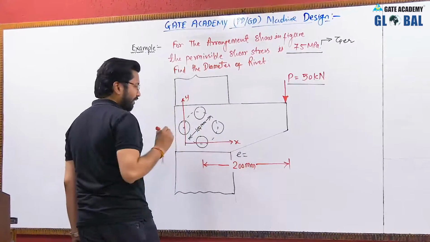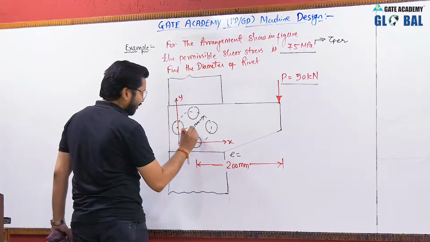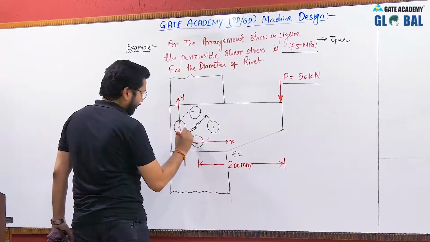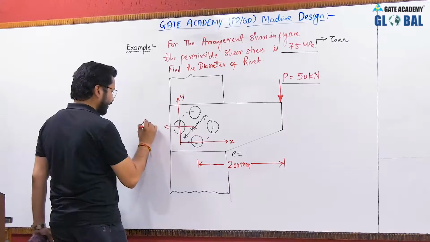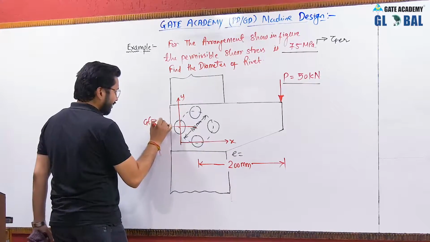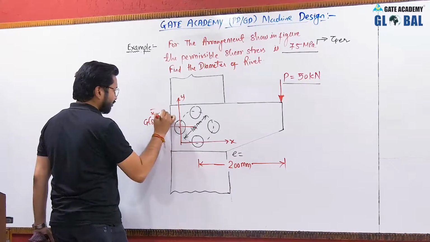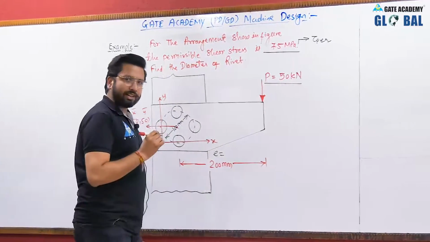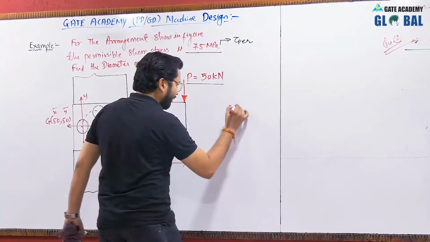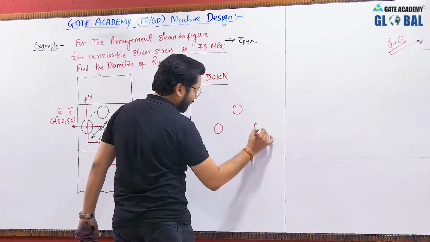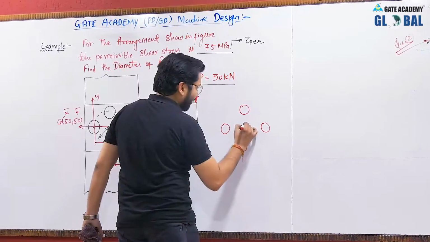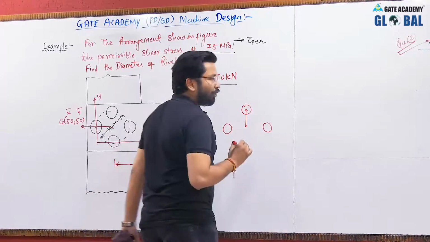So the centroid G will have a coordinate of 50, 50. This is x bar, this is y bar, and both are in mm. This is the centroid. Let me make a separate diagram for this. This is the rivet, so the centroid has been located.